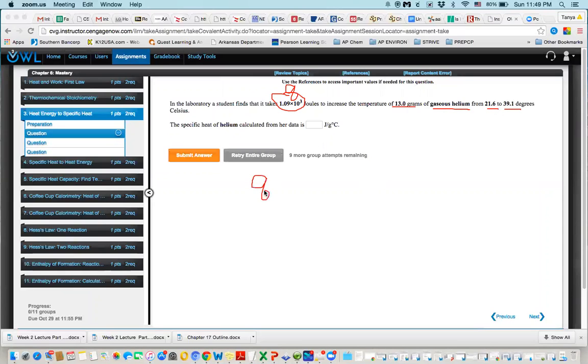So Q equals mc delta T. You're looking for C, which is the specific heat, and you've got all the other information, and it's just a plug and chug type problem. So I'm going to take this out of scientific notation, so that's going to be 1090 for the Q. The mass is 13.